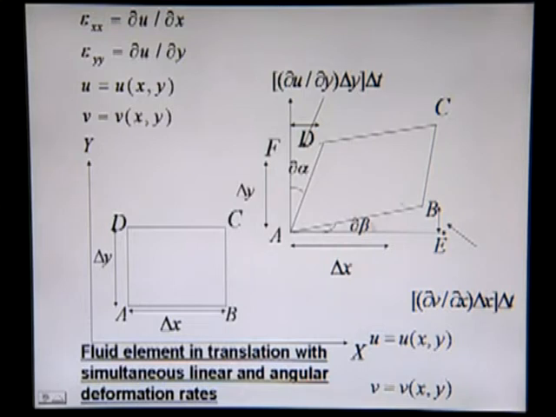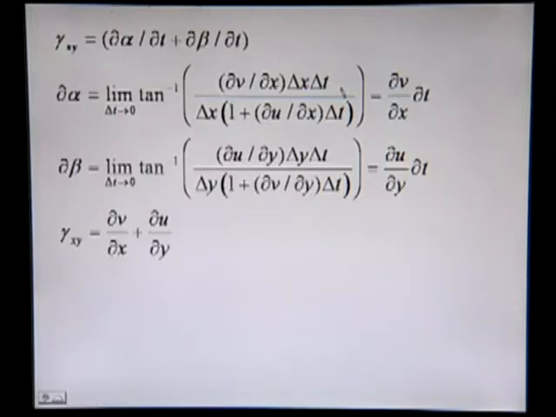And what is delta beta? Delta beta is equal to this distance, del u over del y into delta y multiplied by time, divided by this distance AF. AF is equal to delta y, so delta y is cancelled. This will be del u over del y into delta t. So in a simplified manner also we can calculate this angular deformation along the x side and y side, right.